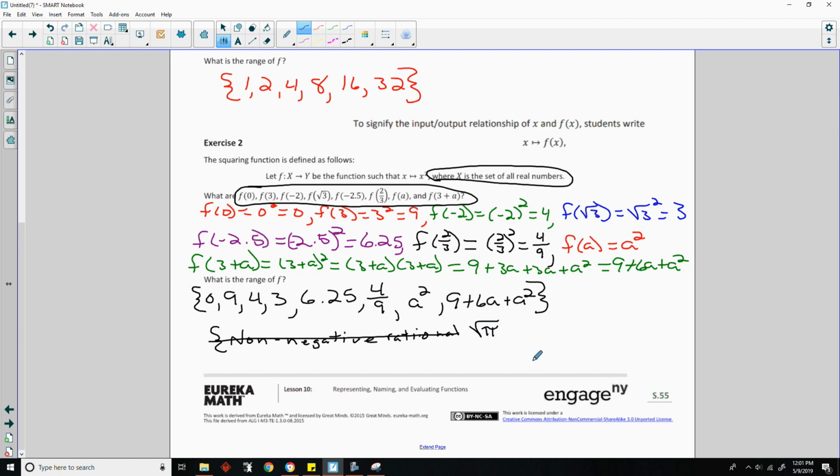What if I had the square root of pi? That's a real number. And if I square that, I get pi. Pi is not rational. So they can't just be rational. So the best way to say this is all real numbers greater than or equal to 0. Let's just leave it at that.